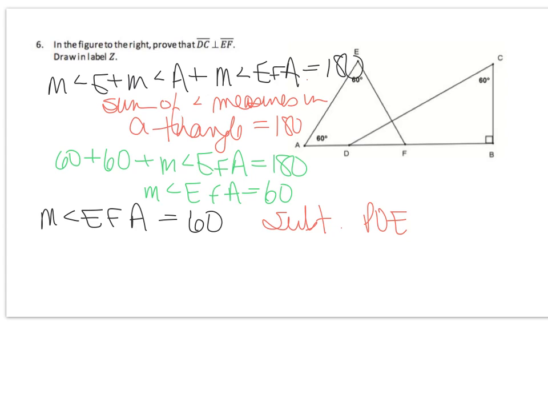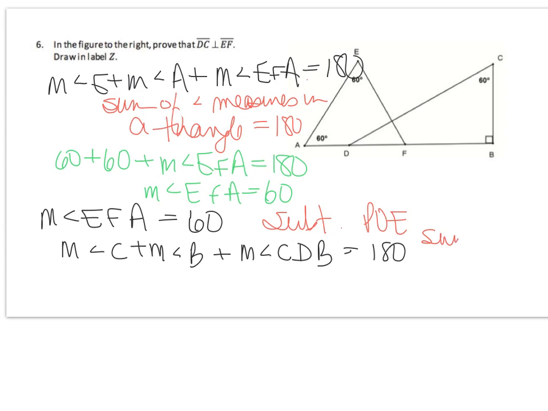The measure of angle C plus the measure of angle B plus the measure of angle CDB equals 180. And my reasoning is the sum of angle measures in a triangle equals 180.